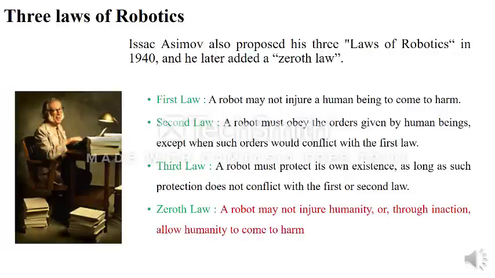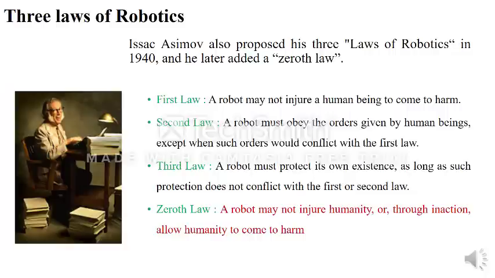Got it? Robot must obey the orders given by the human being except when such orders would conflict with the first law. Then, third law, a robot must protect its own existence as long as such protection does not conflict with the first and second law. So each law depends on the previous laws. So finally, he concluded the 0th law.